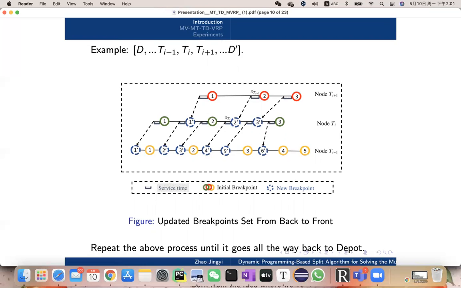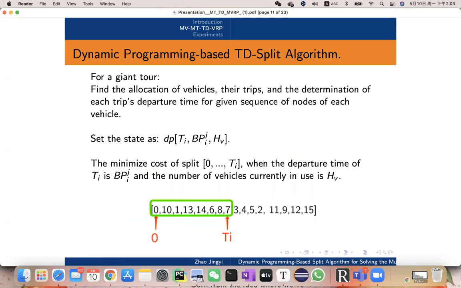So in total, we get 11 breakpoints for T_i-1, and so on and so forth. The same process repeats until we go back to the depot, the first node. Then we can get all the breakpoints of a whole route. We use this to find the optimal solution for a giant tour.